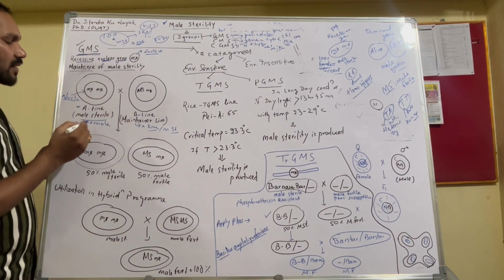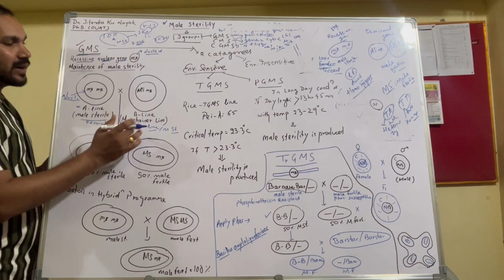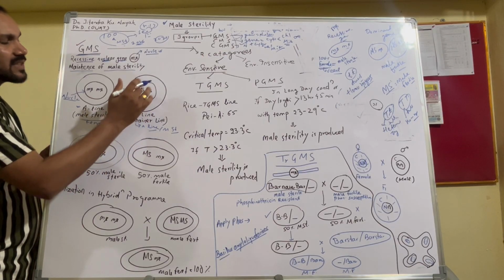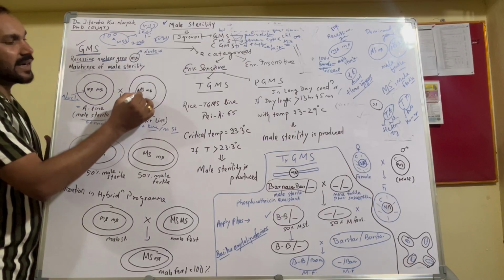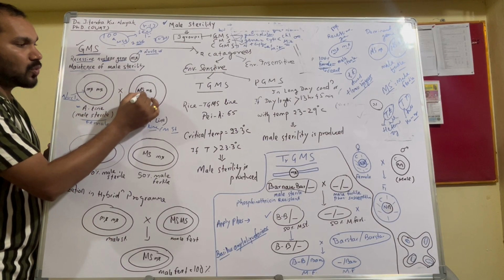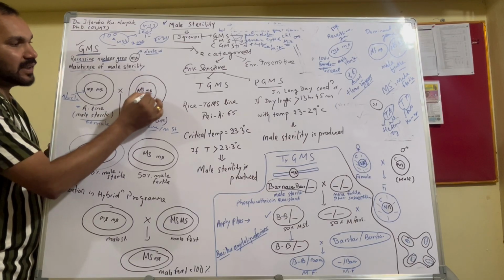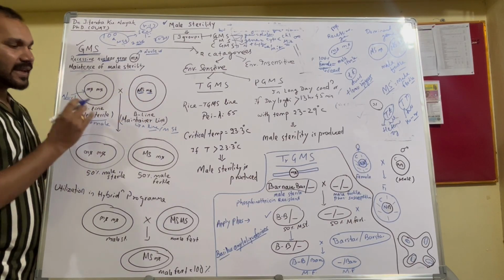So how will you maintain it? Just cross between two lines, the A line and the B line. What is the use of the B line? You can see here in the nucleus, what is the genotype? This is a heterozygous condition. Heterozygous means one allele is dominant, another is recessive. So now cross these two lines, the A line and B line.